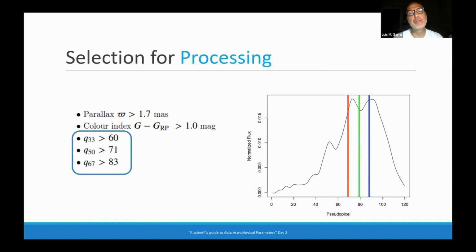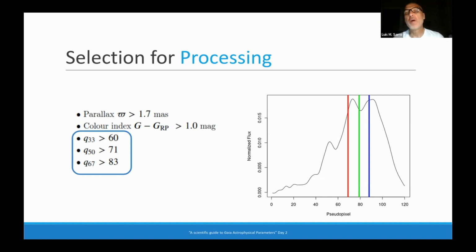The first one is we select sources that are nearby with a parallax greater than 1.7 milliarcseconds, which is the parallax at which the brightest UCD would be seen with the Gaia nominal limiting magnitude.